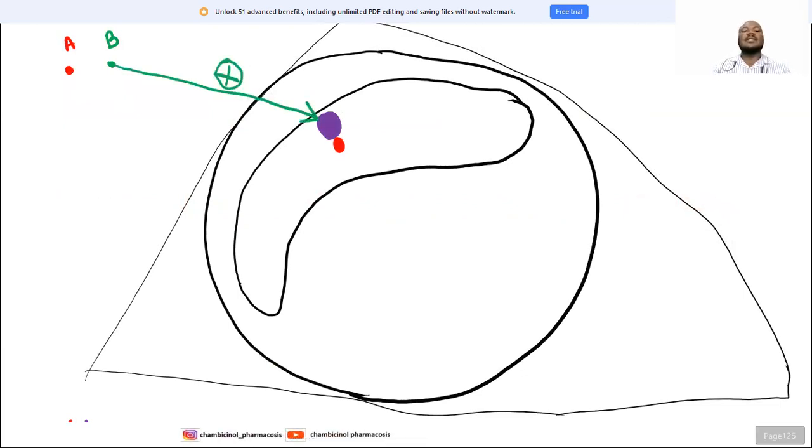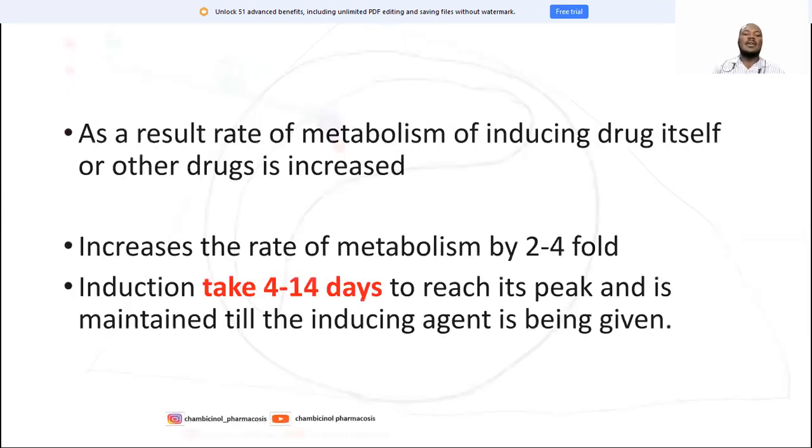As you can see here, there is amplification. This can increase the metabolism of the drug 2 to 4-fold, and it will reach the maximum peak about 4 to 14 days after the induction of this cytochrome enzyme for the metabolism of drug A.